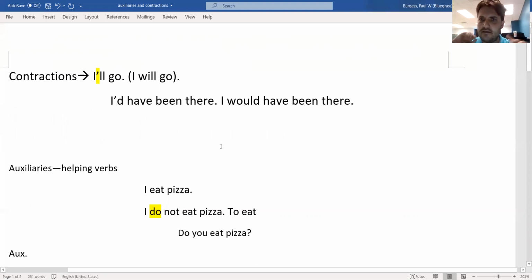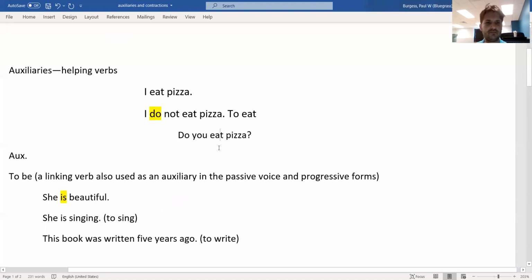All right, the contractions are not random. They actually have logic to them, and that logic is that they are basically attached to the auxiliaries. We don't just contract whatever word we want to contract, we consistently contract our auxiliaries. Okay, and that's partly because English needs so many auxiliaries and requires so many words to express something that a lot of languages express in one or two words.